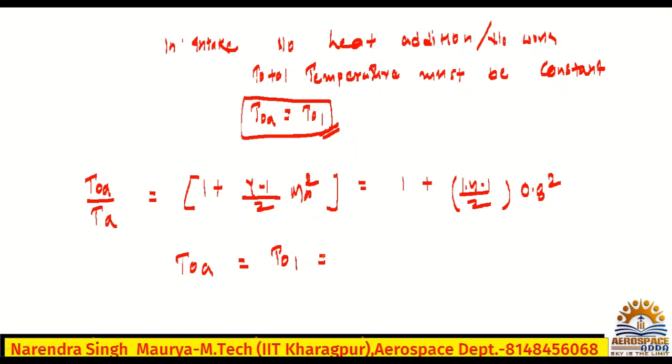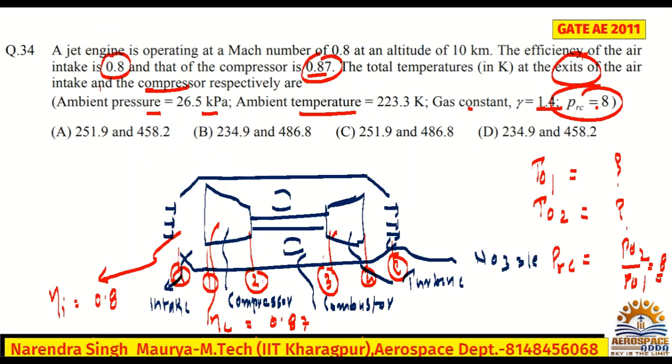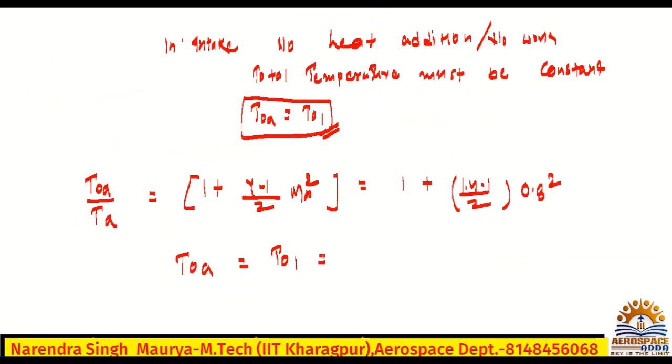Let me calculate this with the calculator. 1.4 minus 1 by 2, which is 0.2, into 0.8 square, plus 1, gives 1.128 into TA. What is TA? At this altitude, TA they have given 223.3 Kelvin. So 223.3 Kelvin, this is nothing but 251.